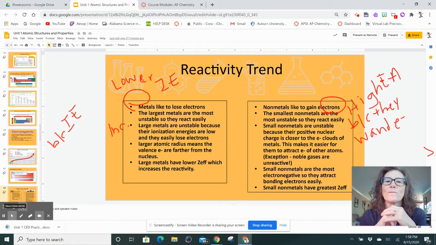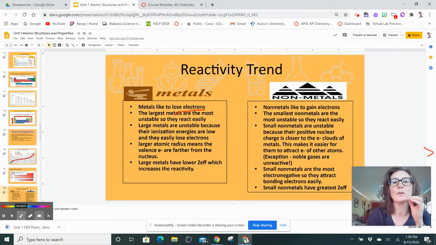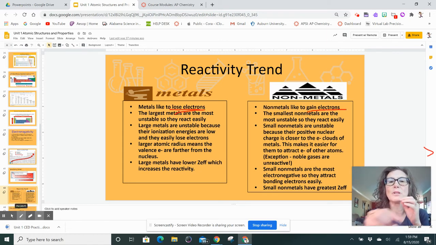So here's just a little chart to look at reactivities of metals versus nonmetals. Metals are more likely to lose electrons. Nonmetals gain electrons. The largest metals are the most unstable. They react the easiest.